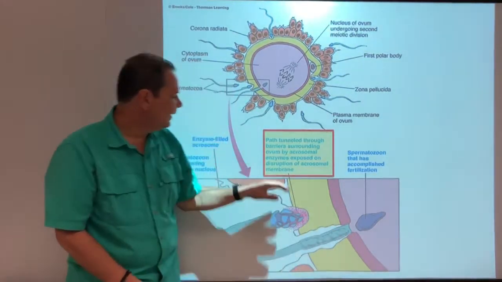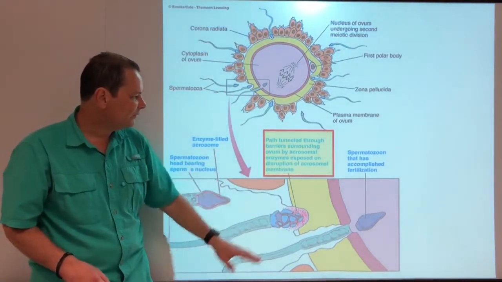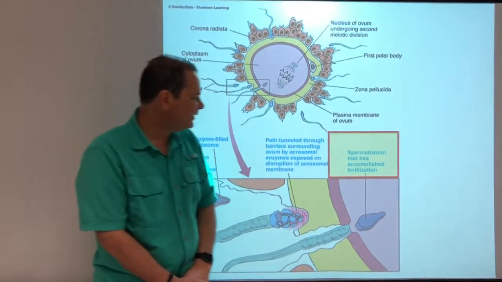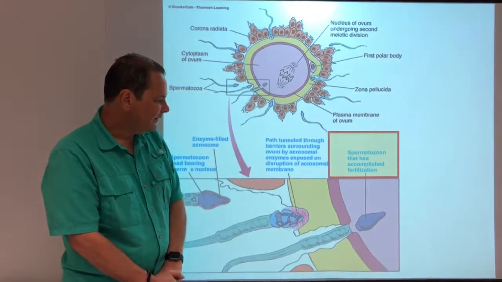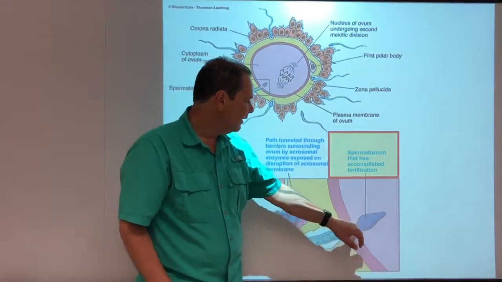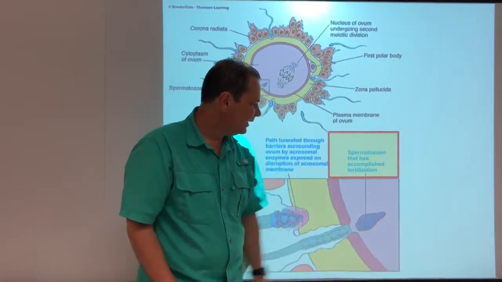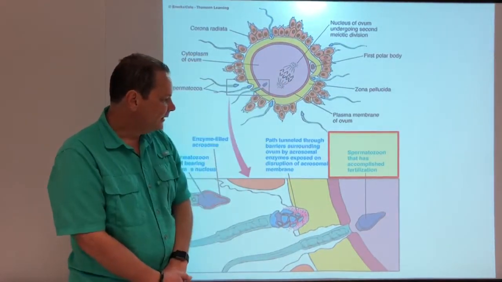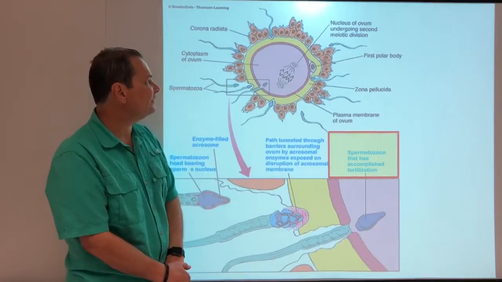And then once the sperm has burrowed its way through the barriers, fertilization has taken place, where the contents of the cytosol of the sperm, most importantly the nuclear material, are added to the cytosol of the oocyte, the egg, through a process of endocytosis. We'll look at the details in a moment.